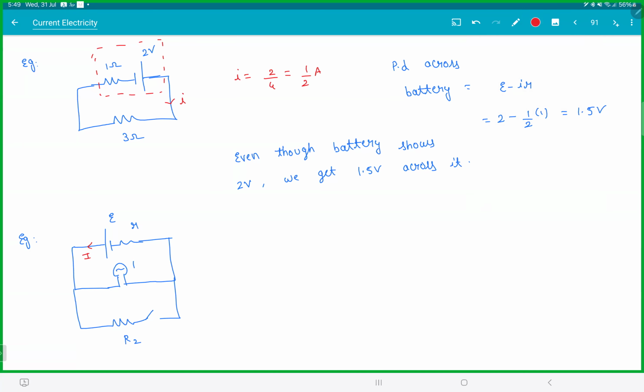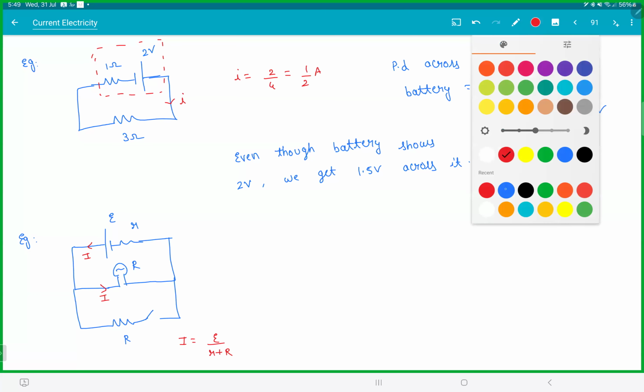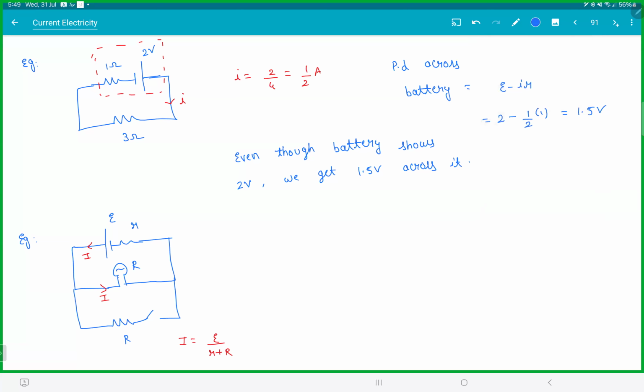Let me take equal numbers. Let's say this is R and this is also R. So initially, current will be E by R plus R. And then the potential difference would be how much? VA minus VB would be simply IR.